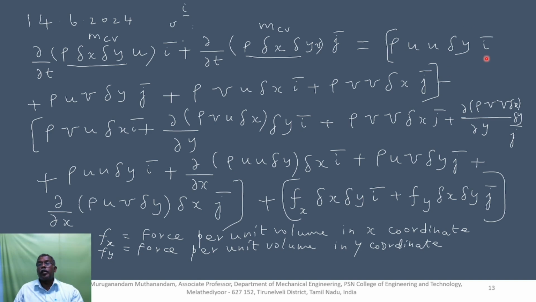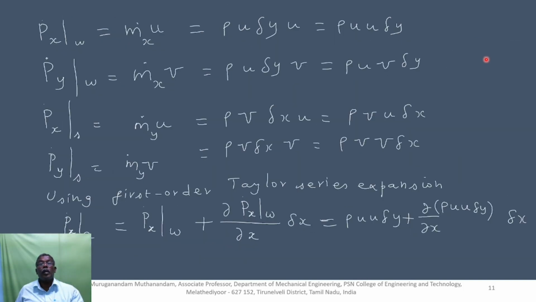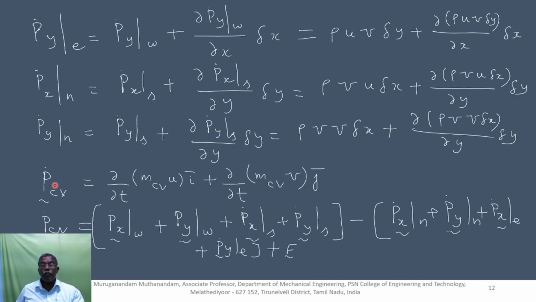The corresponding direction is also given. Since p dot x is along the x direction, it has unit vector i. P dot y is in the y direction, it has unit vector j. P dot x is again unit vector i. P dot y has unit vector j.